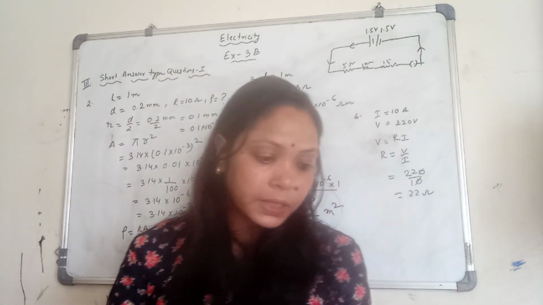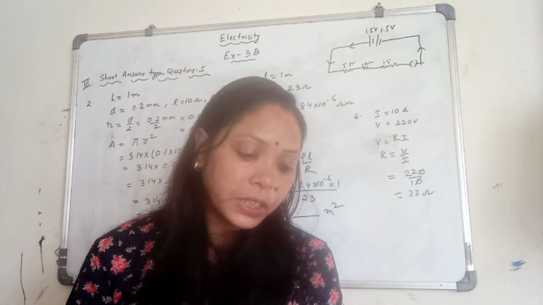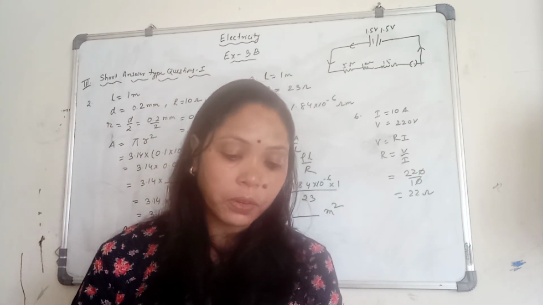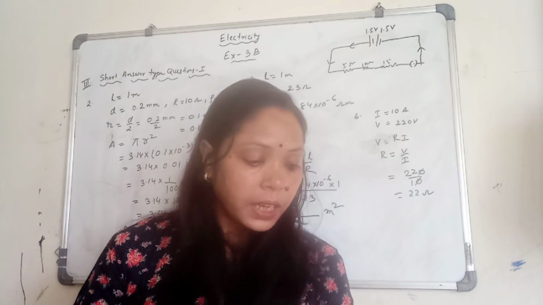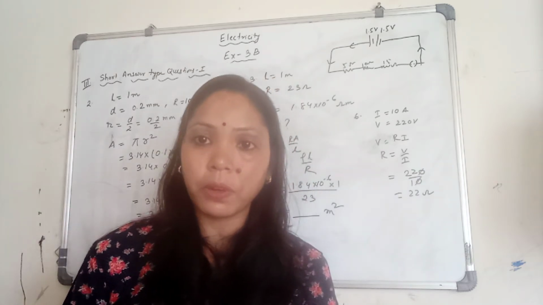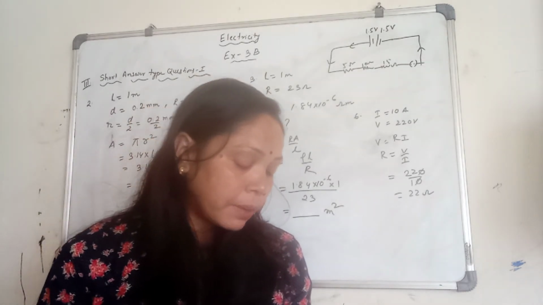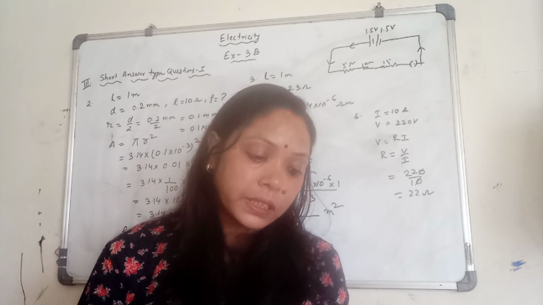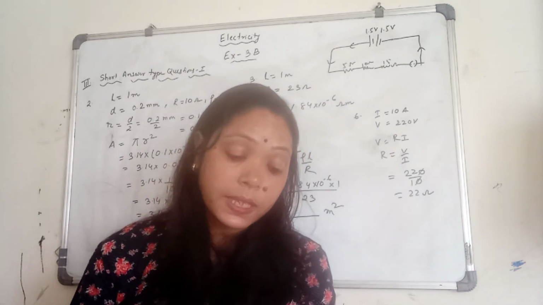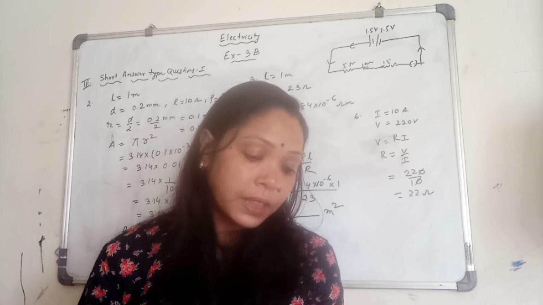Now question number 7. In an experiment to study the relation between the potential difference across the resistors and the current through it, a student recorded the following observations. So 5 observations are given here. On examining the above observation, the teacher asked the student to reject one set of readings as the values were out of agreement with the rest.